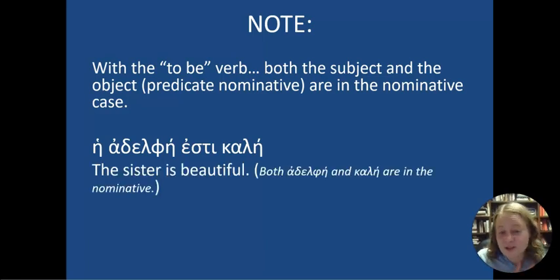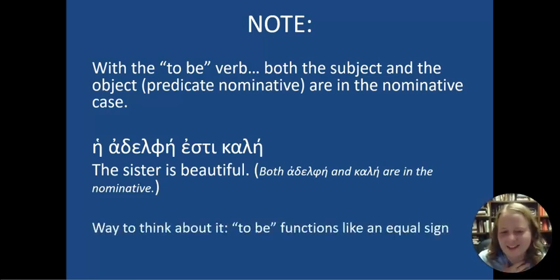And beautiful is also in the nominative, and so is adelphe, even though they're on other sides of the verb. Word order doesn't matter, but they're doing this because the way to think about it is that basically the to be verbs function as an equal sign.